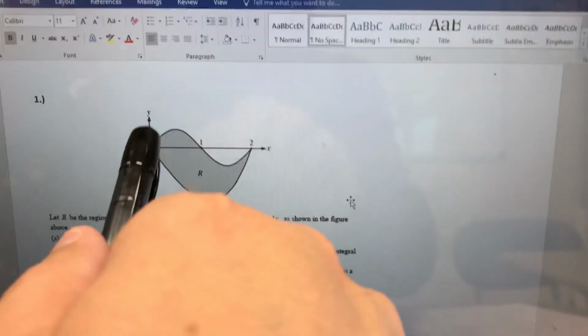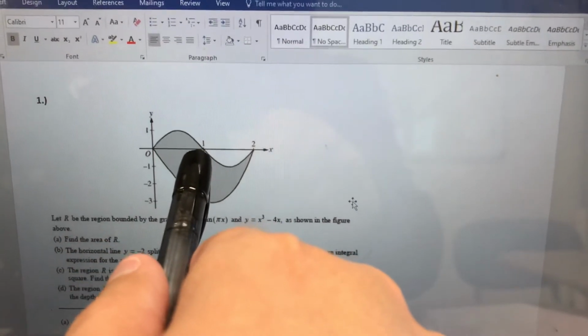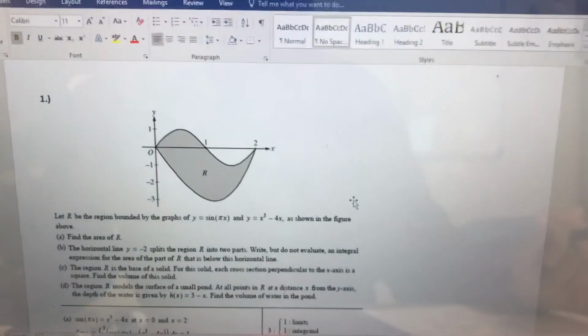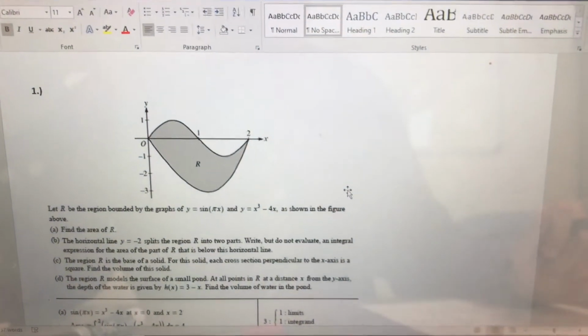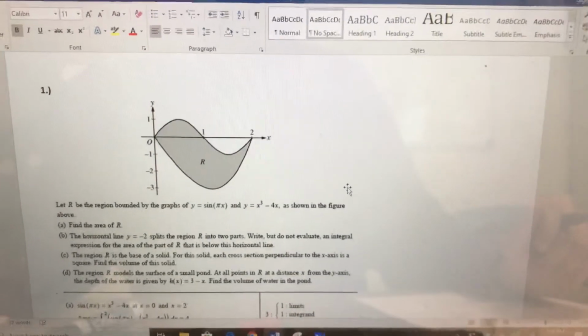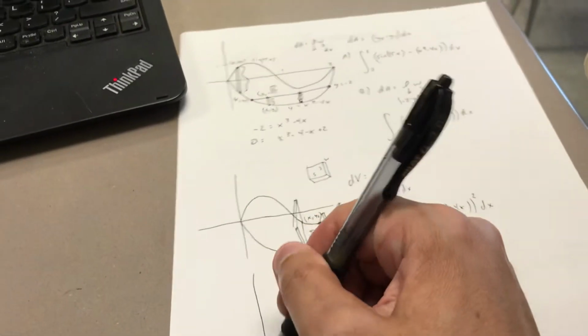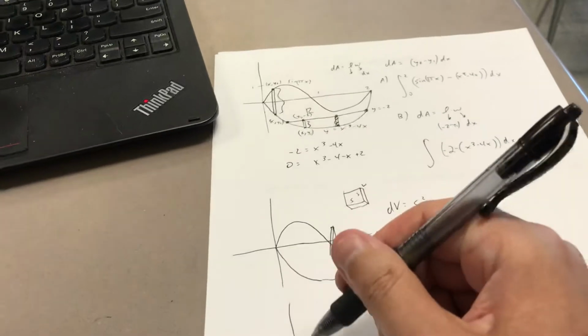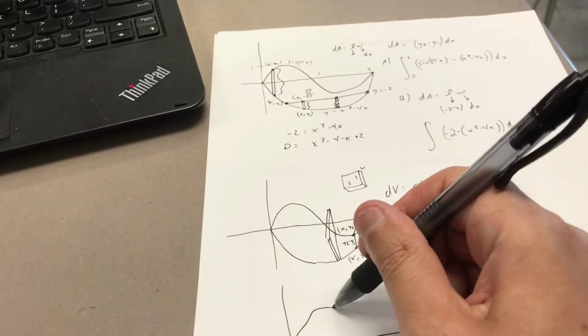So basically it's 3 feet deep here, gets to 2 feet deep, and then over here gets to 1 foot deep. And we want to find the volume of that water in the pond. On the surface, that sounds really terrible, but this really can be done almost exactly the same as the last problem. We can really just use slices here and do more or less the same kind of thing that we had previously.